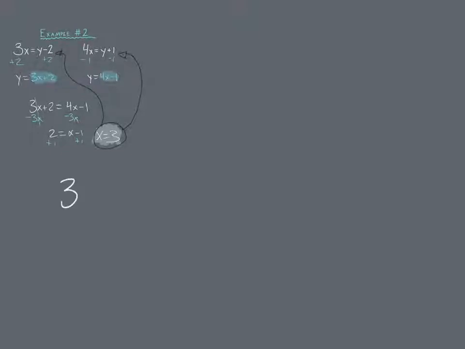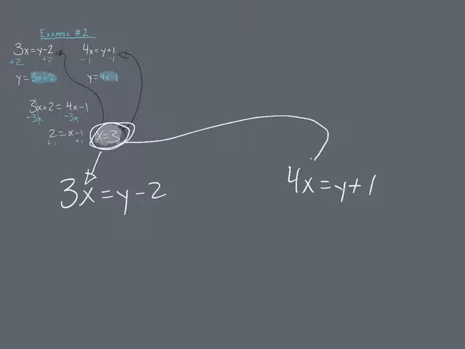So we're going to have 3x is equal to y minus 2, and we're going to have 4x is equal to y plus 1. We're going to substitute a 3 in for each of those. So we're going to put that 3 there, and we're going to put that 3 right in there.